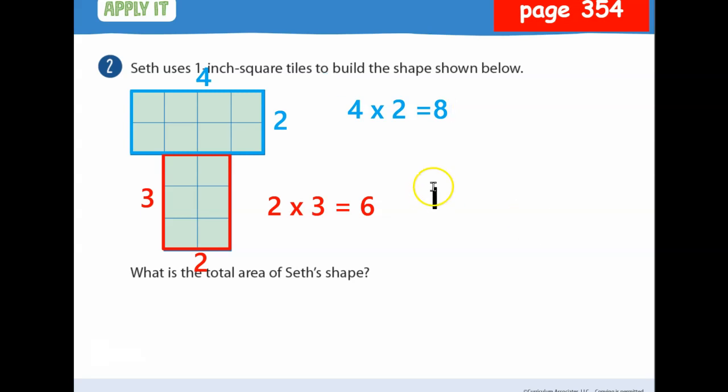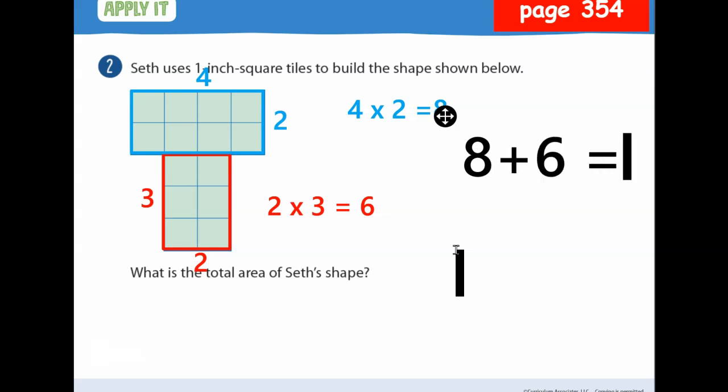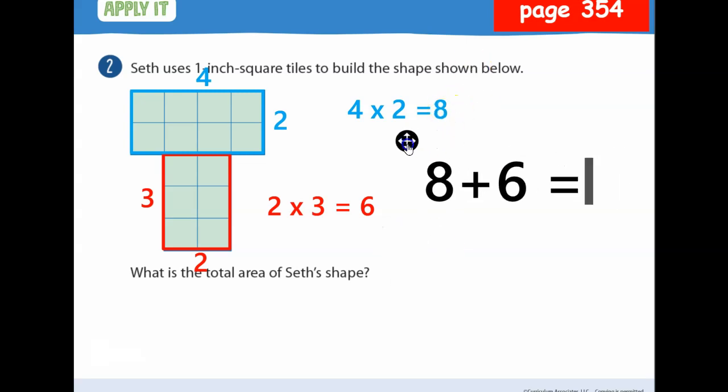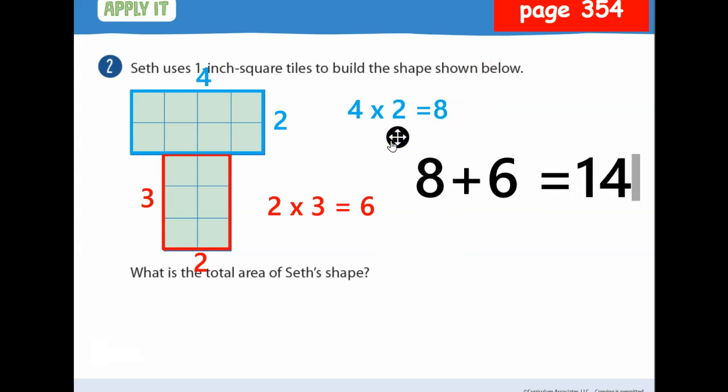And then what do I do next? Add the area. So I'm going to add this area, which is 8, plus this area, which is 6. Which is how much? 14.